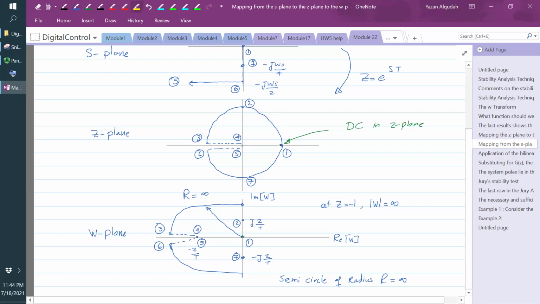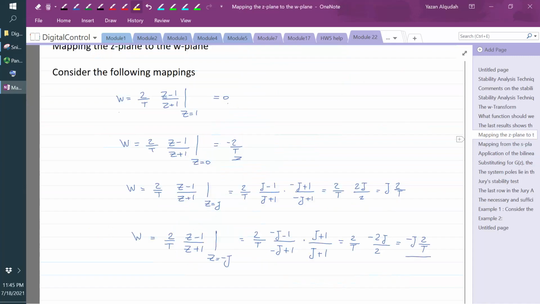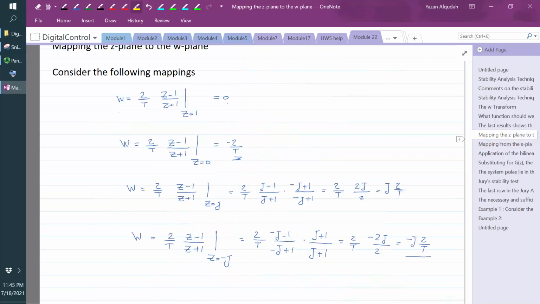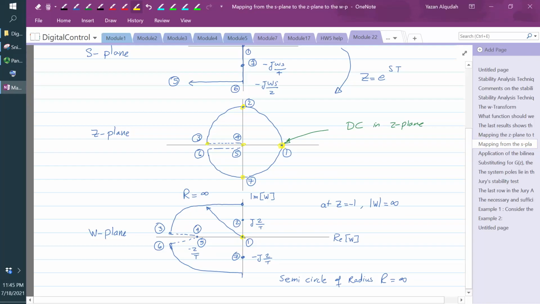We took a point that was z equal to 1, z equal to j, z equal to negative 1, z equal to 0, and z equal to negative j. When z is equal to 1, it got mapped to 0. So this mapped to here.